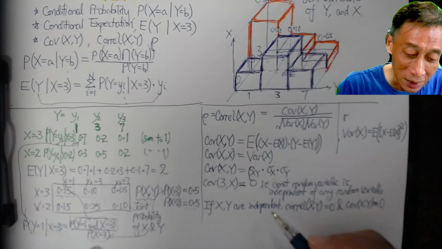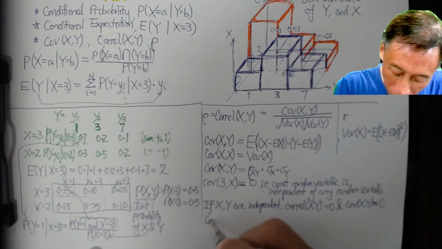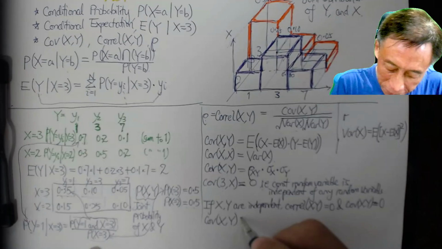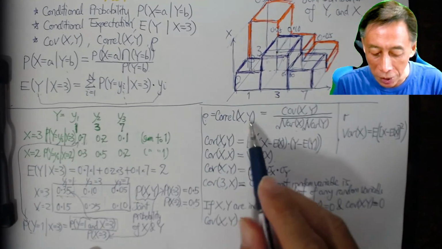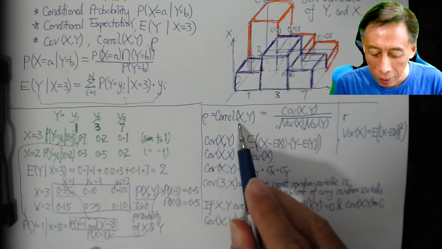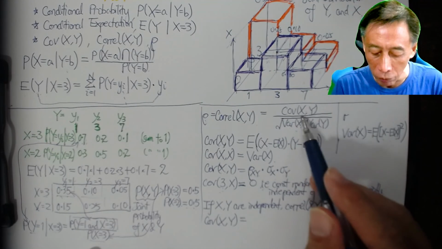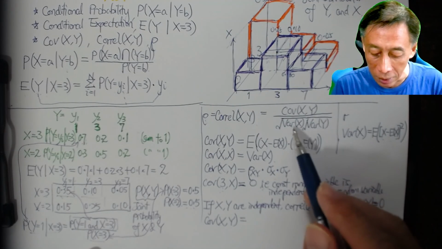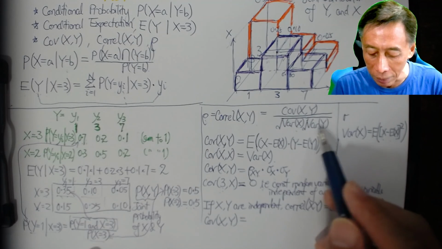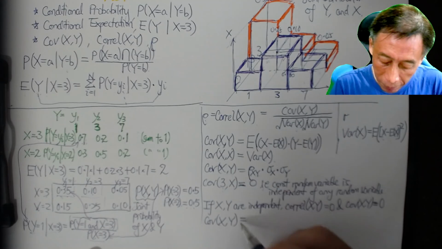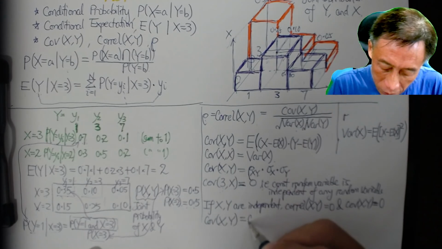Okay, next we want to talk about the commutative property of covariance, and as a result, correlation as well. If you swap x with y, y with x, covariance of xy becomes covariance of yx, and var x times var y becomes var y times var x, no change in the denominator. But that's also true for covariance.